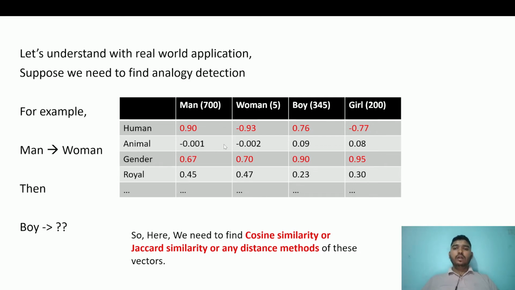Animal is not related with these words, so they have a lower value. Likewise, as we have computed these values, to find out the similarity between these words, we have to apply similarity techniques such as cosine similarity or Jaccard similarity, or we can also apply distance methods like Euclidean distance, or Manhattan distance, and there are many distance methods also available in mathematics, right?